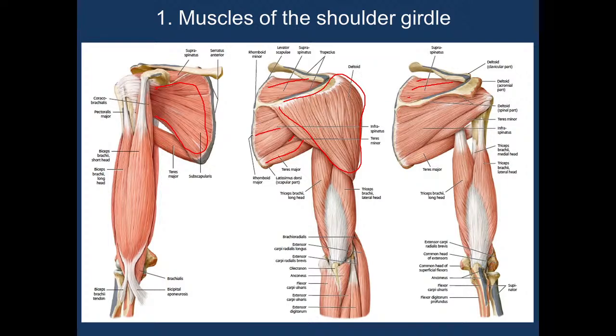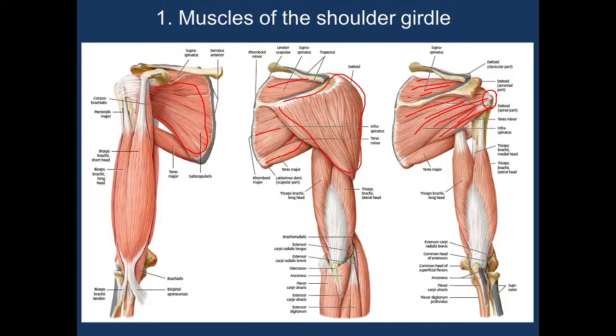Here is supraspinatus, here is infraspinatus, and musculus teres minor. Please notice that three of these muscles have their destination on the tuberculum majus of the humerus.